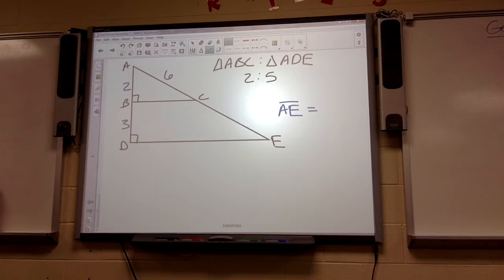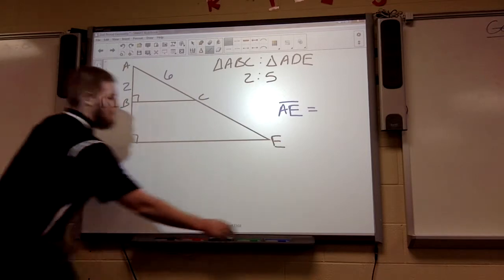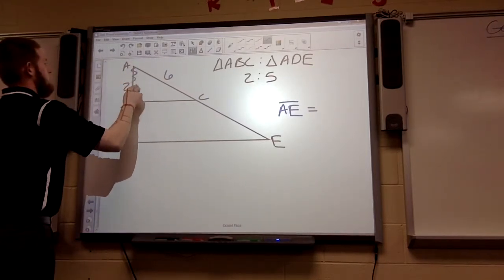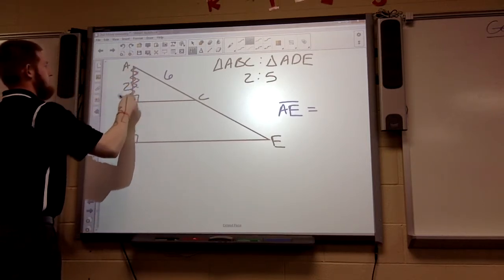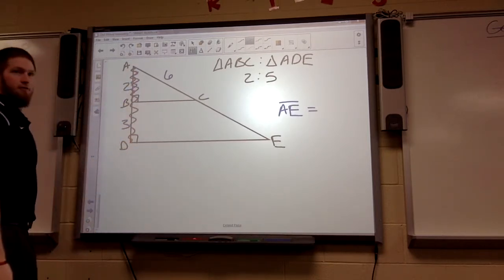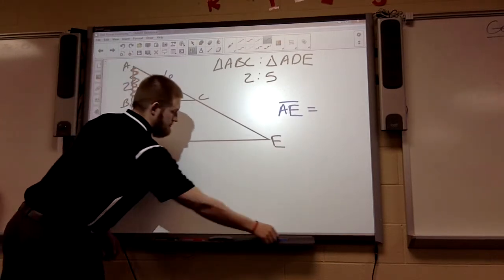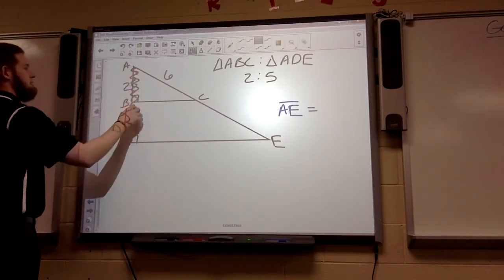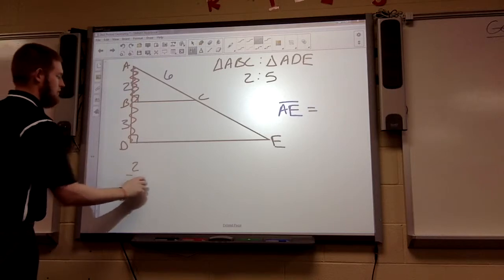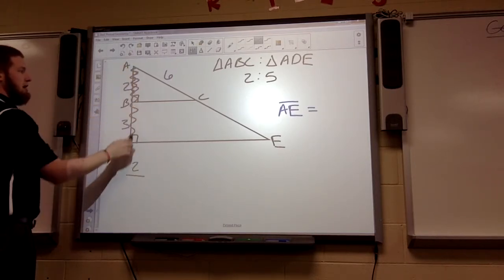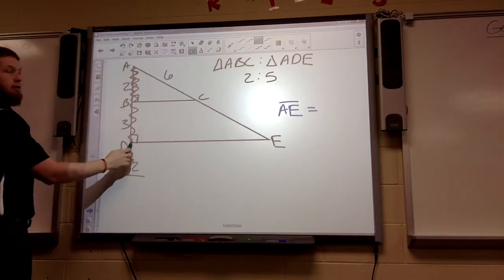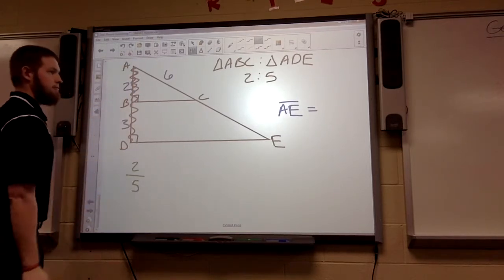Ilya? Well, the side of AB is 2, and the side of AD is 5. Does everybody see that? Okay, so AB was 2, because that was the whole side, and AD was the whole side, which is 2 here and 3 down here, so it was 5.